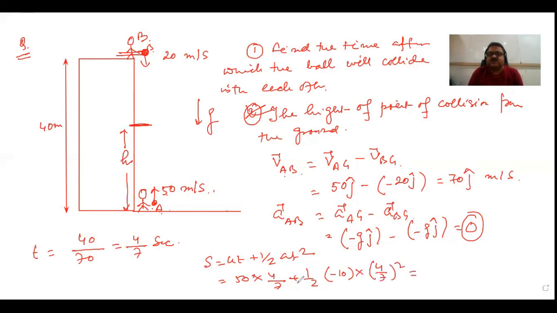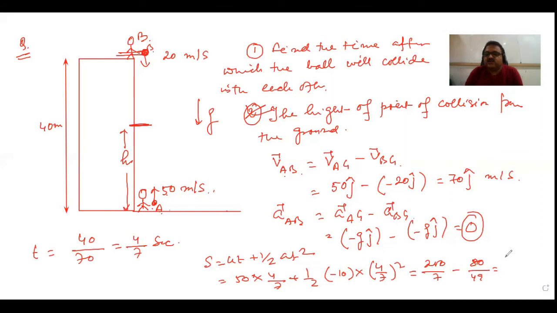You can do this calculation very easily. It is 200 by 7, and this gets cancelled, 5 minus 5, 4 4s are 16, 16 5s are 80 by 7 square, which means 49. So 7 square is 49.